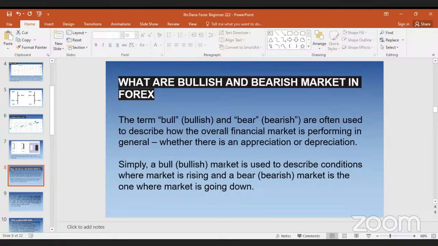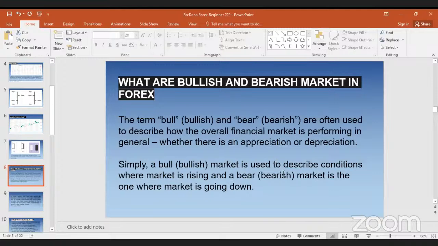The bullish market is used to describe a condition where the market is rising, and the bearish market is the one where the market is going down. I'm sure you've heard me say this a lot of times. Those are just the differences between the bullish and the bearish market. When the market is rising, that is, we are going up, we call that an uptrend in the forex market.